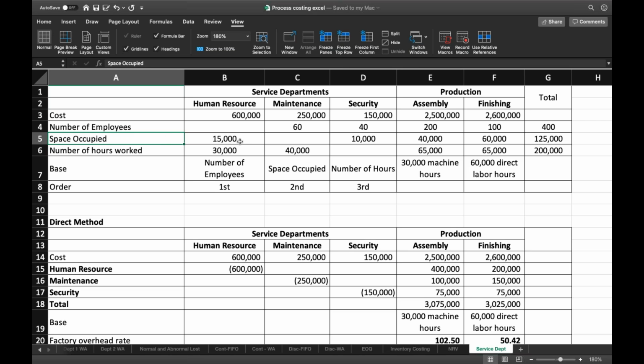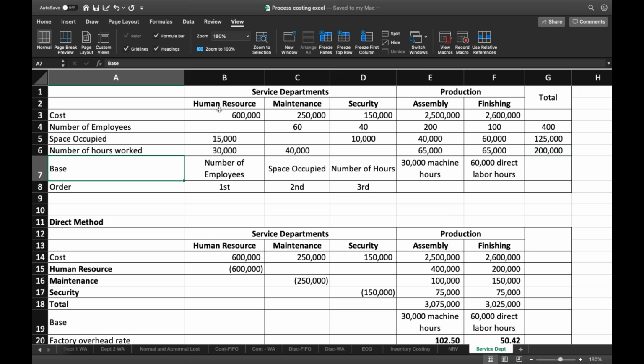So the space occupied by human resource is 15,000, security is 10,000, assembly is 40,000, and finishing 60,000. So its allocation base again is space occupied. So therefore, we will not be assigning space occupied to maintenance. For security, the allocation base would be number of hours worked. We have 30,000 hours to human resource, 40,000 hours for maintenance, and 65,000 both to assembly and finishing department, for a total of 200,000.